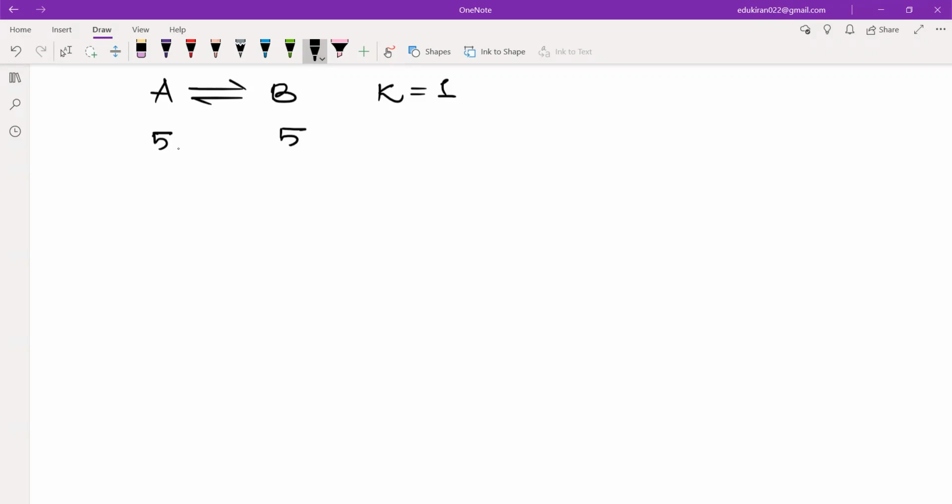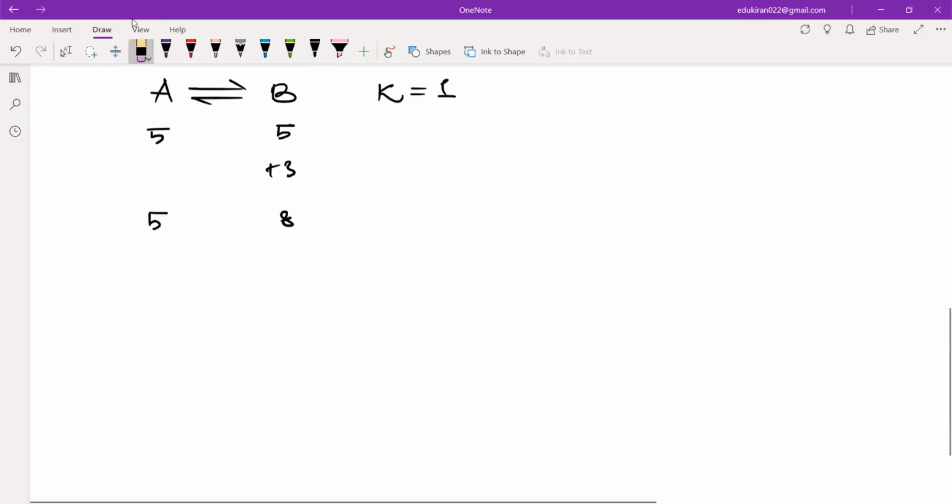For example, if I started with 10 moles of A, the human is not doing anything; the system itself is changing a few things, converting A into B. But if I started with 5 and 5, the system is not going to make any changes. So what the human did was increase the number of moles of B. I added 3 moles of B. Now the condition is 5 and 8. Now you tell me, will there be any change?